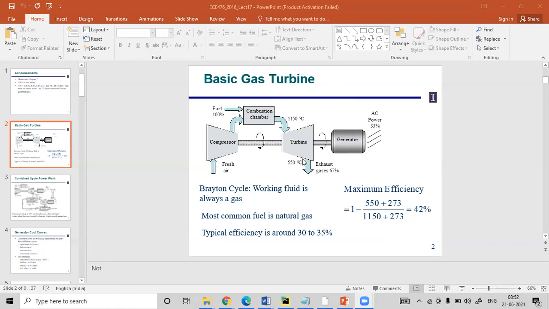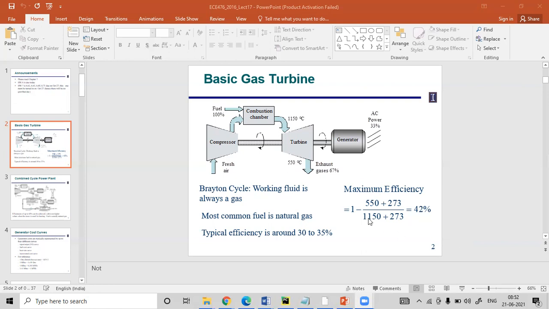Now you can see the input temperature of the vapor at the turbine blade is 1150 centigrade. It's a general value, and the output is 550 centigrade.